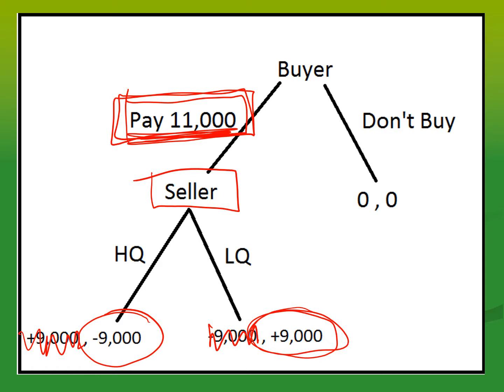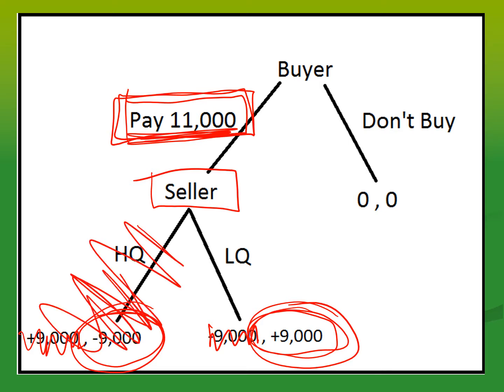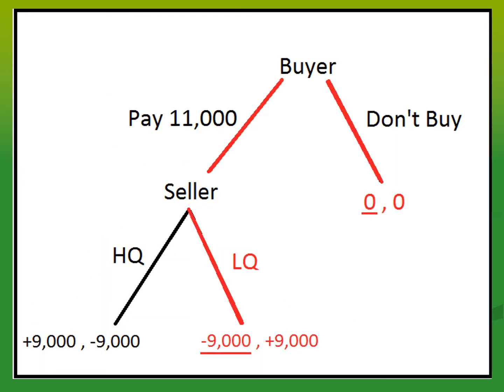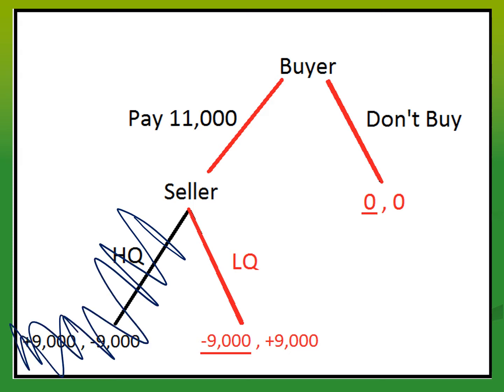So the seller would gain $9,000 if they sell a low quality car. What is the seller to do? Lose $9,000 or gain $9,000? Well, the obvious answer is that we will only see low quality cars as an option for the seller. So then we can move up the game through backward induction and say we don't even have to consider these high quality transactions, because they won't take place if the buyer pays $11,000.